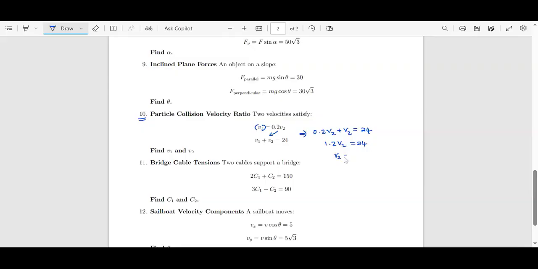So V2 equals 24 divided by 1.2. Now you have to divide by a decimal number, and dividing and working with decimals is another important skill that's required. Here's how we can do this.